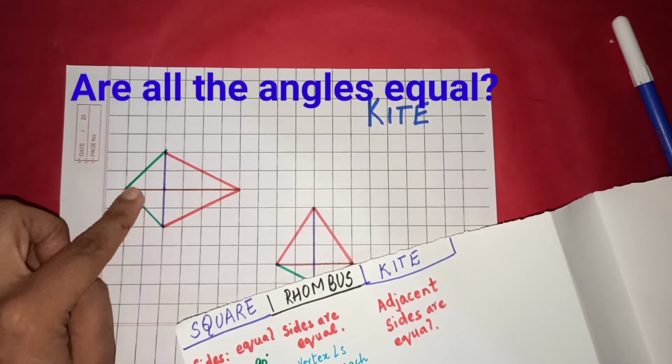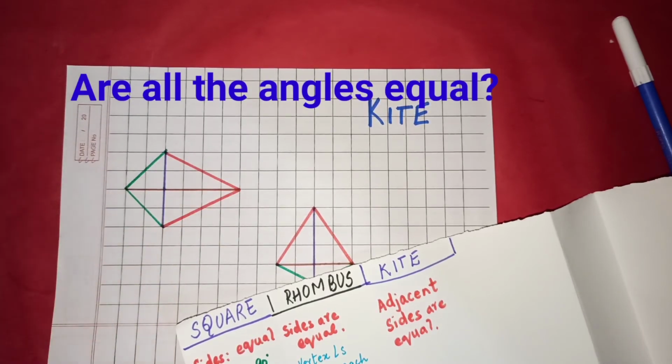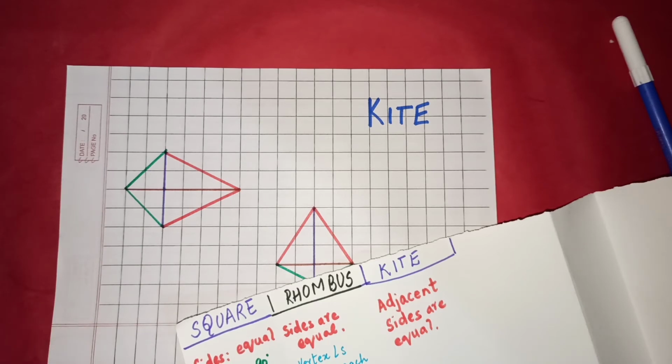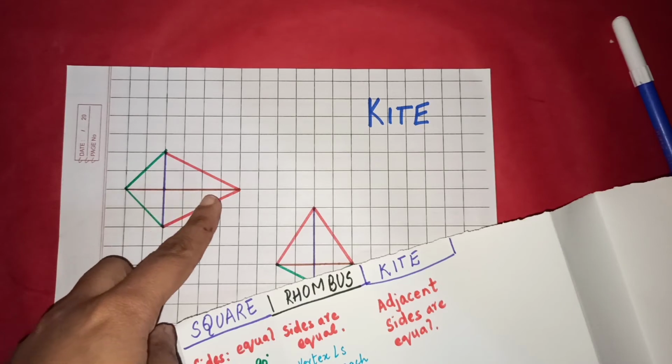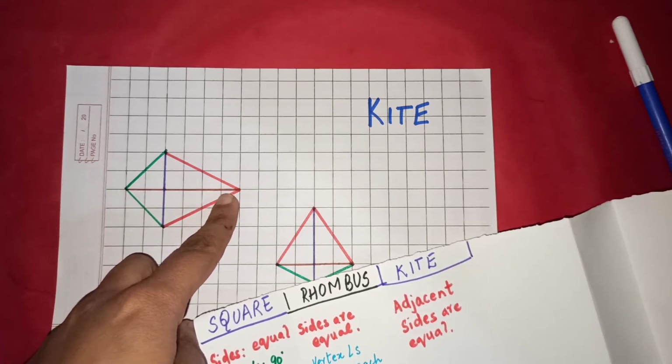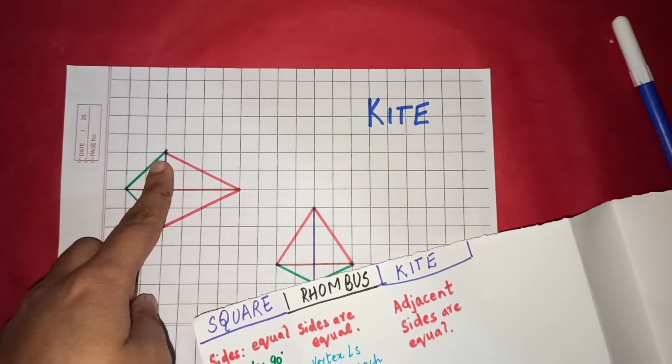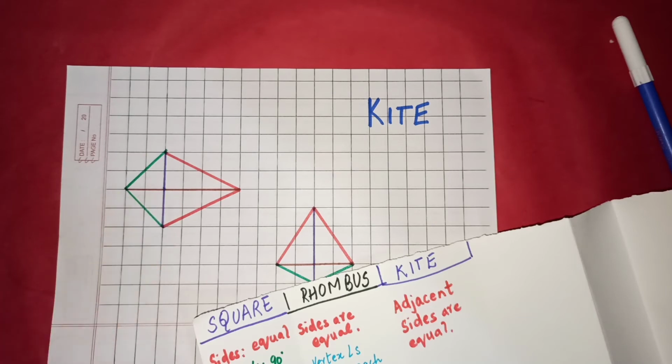First question is, are all the vertex angles equal? You will say that, ma'am, no, this one is opening less, this one is opening more, and so they don't seem to be equal. So what can be the relation between the angles? Just think for a minute and then we'll check with the protractor.